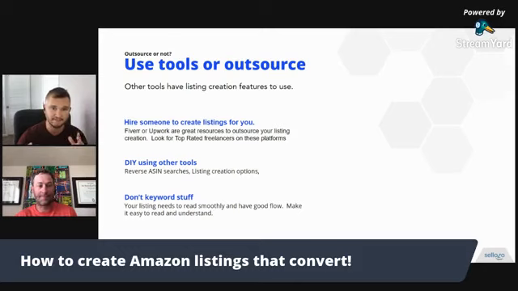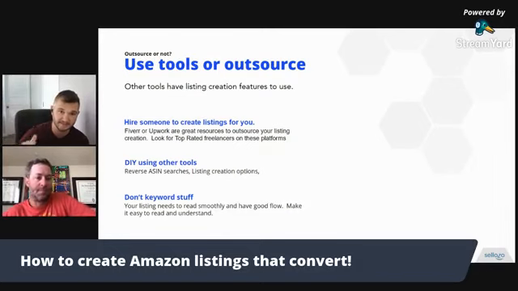Because when somebody comes to your listing, you don't want them to leave. You want them to focus on your listing and automatically add to cart and buy. You don't want them to go look at somebody else's and fish around, because there's multiple people targeting you. You want to get their attention and get them to buy. That's why your listing has to be spot on.